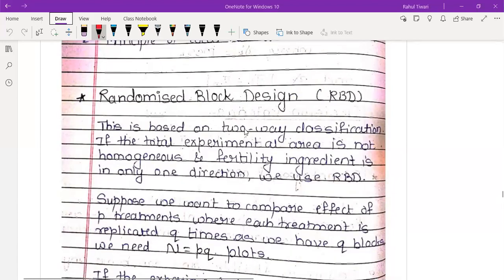So shall we do the practical based on this, or we can see the next design first? Shall we go ahead with the next design? Yes or no? Go to chat box and write down if you want to go with the design. Otherwise, I thought let me finish this design, then we can go simultaneously with both the practicals because it will then become easier. Or we can finish the first problem based on that.